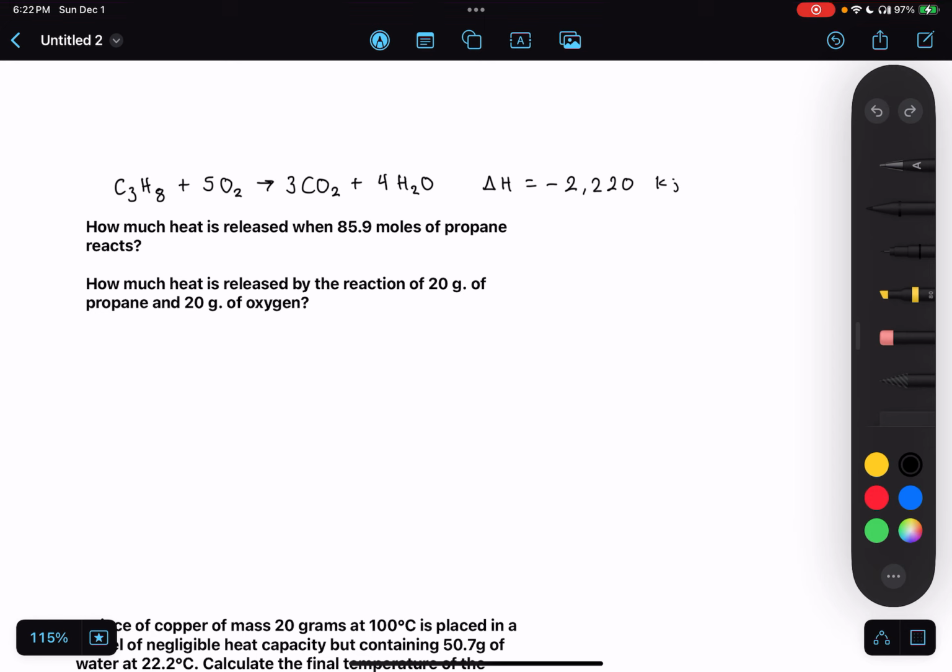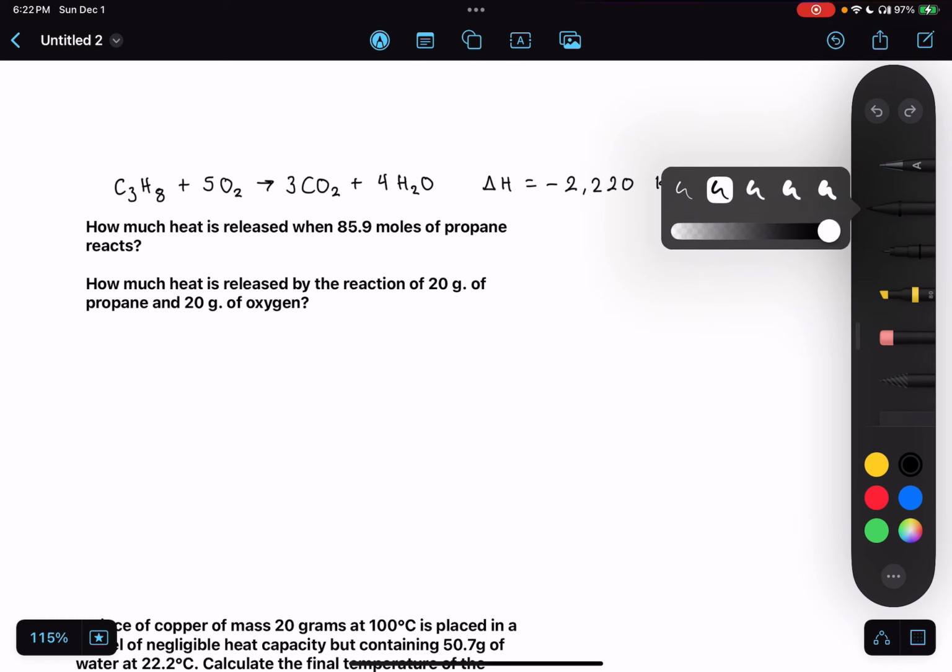In question A, they're asking us how much heat is released when 85.9 moles of propane reacts. Right away, we see the moles. So we're like, dang, we have to go back to moles. Well, that's actually going to help us a little bit because it's going to be really easy.